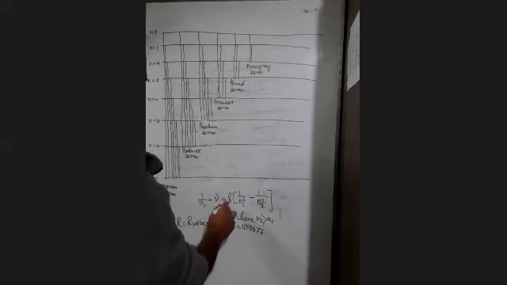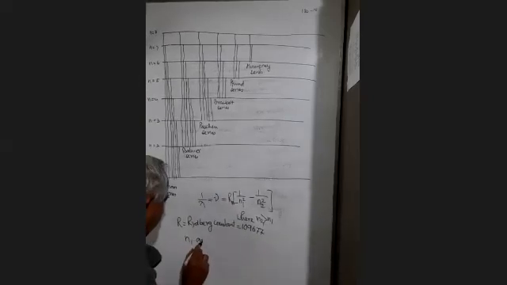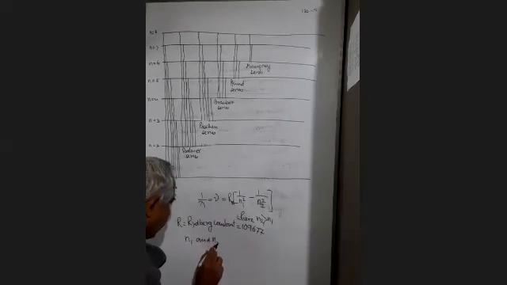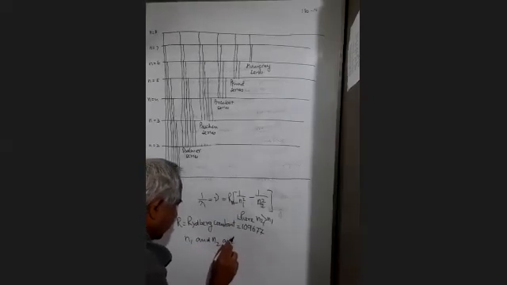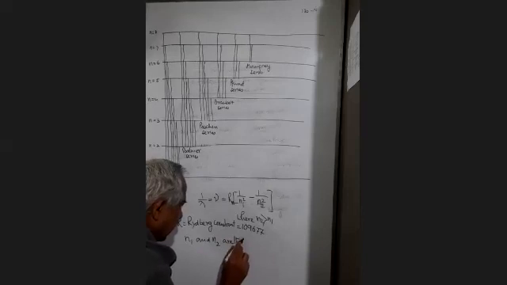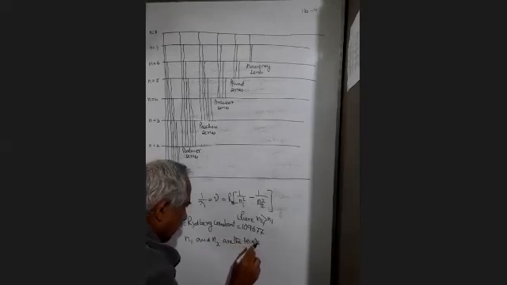Sometimes we write R and sometimes we write RH also. n1 and n2 are the levels.